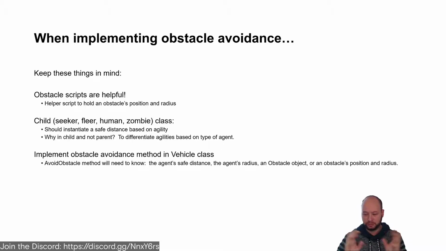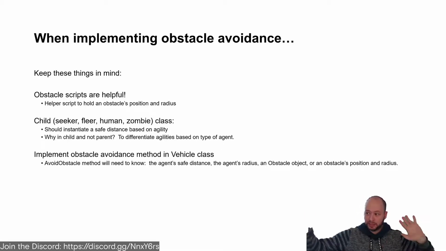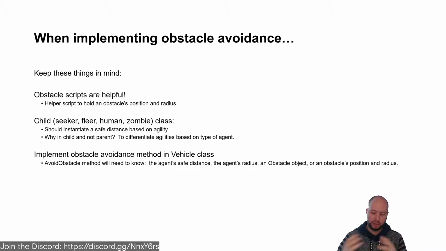Say a zombie wants to avoid fire with a bigger radius than a human would, right? Humans don't want to catch on fire either, but they have a lesser aversion to such things. And then we can implement the obstacle avoidance method in the vehicle, the top level class, so that all of the children benefit from that behavior without you having to code it explicitly for each one.